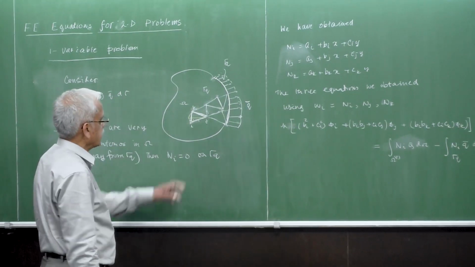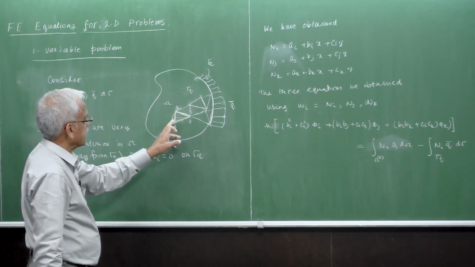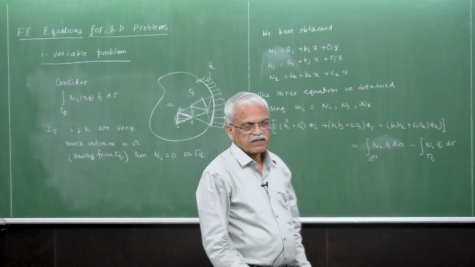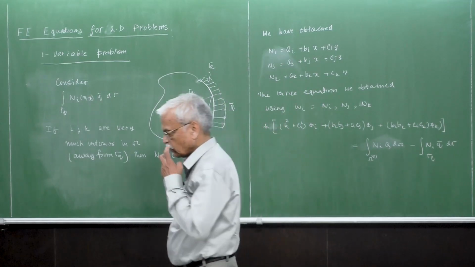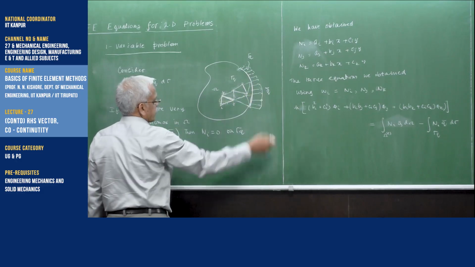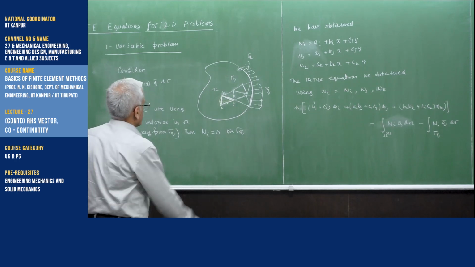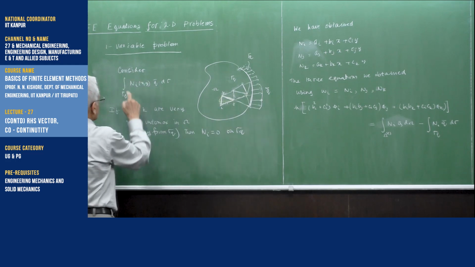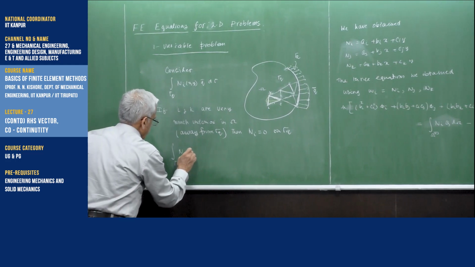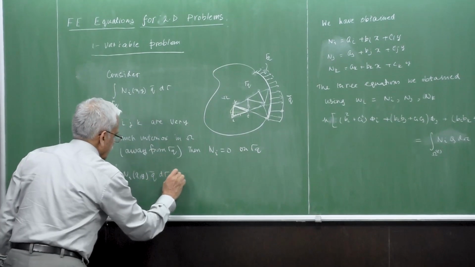So you should realize that if this element is interior, away from gamma q, then the value of Ni is only defined over this element, and away from this element it becomes 0. By the time it comes here, definitely it is 0.